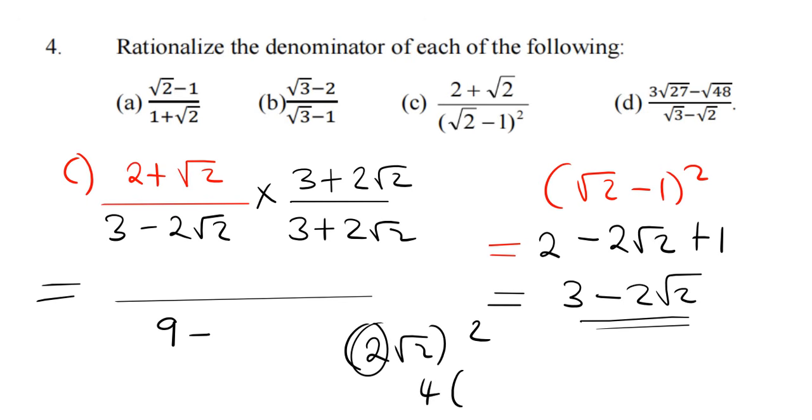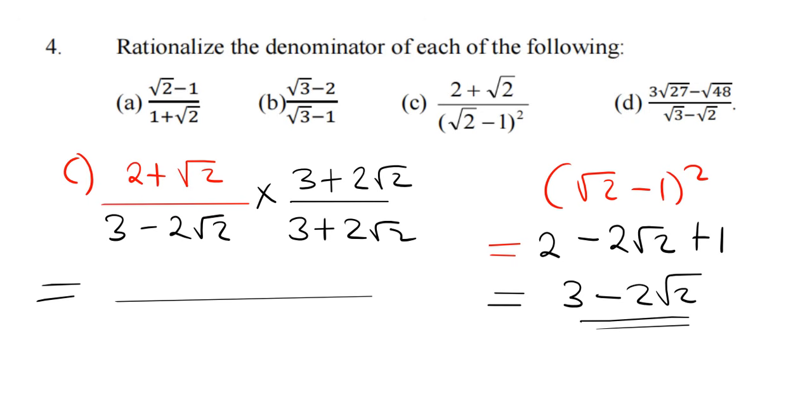Then the square and the root are going to cancel for the second one. I'm just going to have a 2. 4 multiplied by 2 is an 8. 9 minus 8 will just give us a 1. Since it is a 1, when it divides whatever we have on top, we're just going to have that.